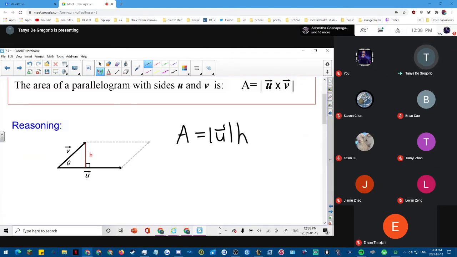Well, what's the height equal to? If I come up with an expression: magnitude of v sine theta. Excellent, good. And it comes from SOHCAHTOA, right? Sine of theta is equal to opposite over hypotenuse, and then you rearrange it, and you're absolutely right.